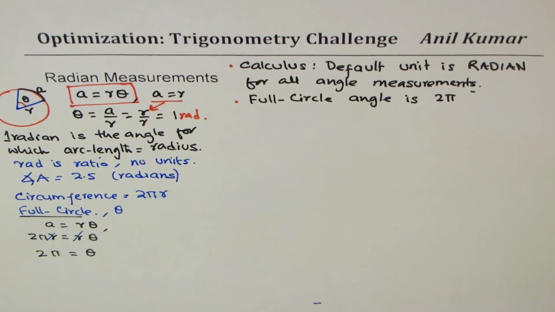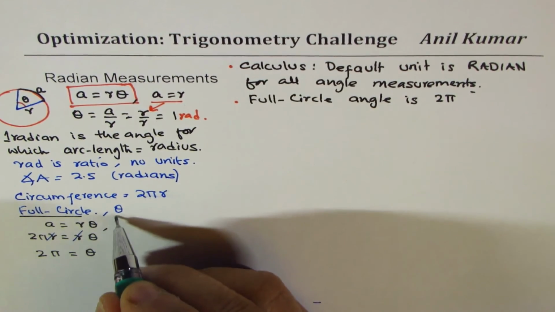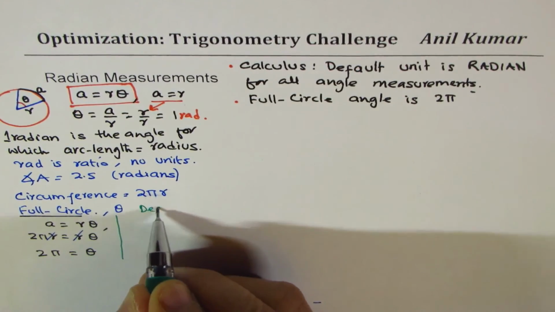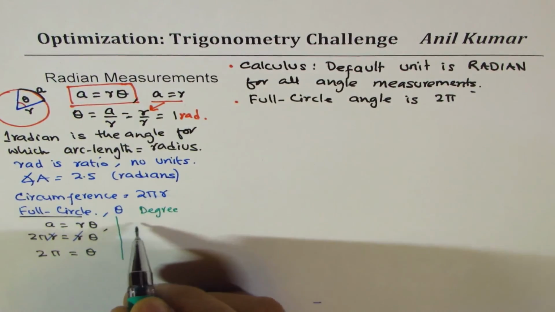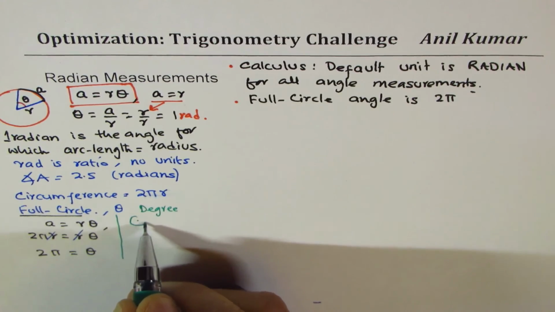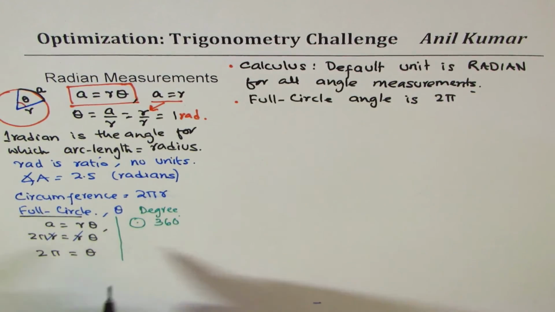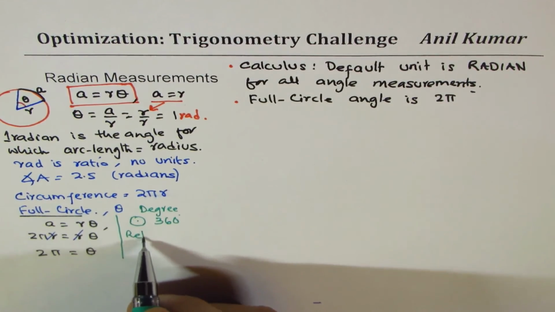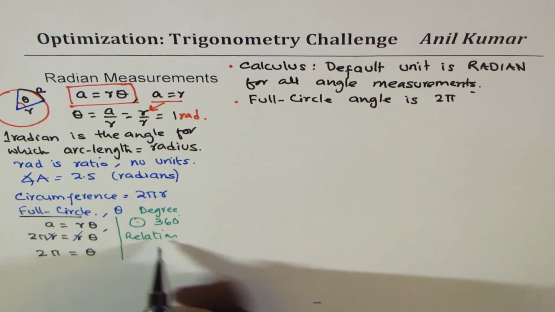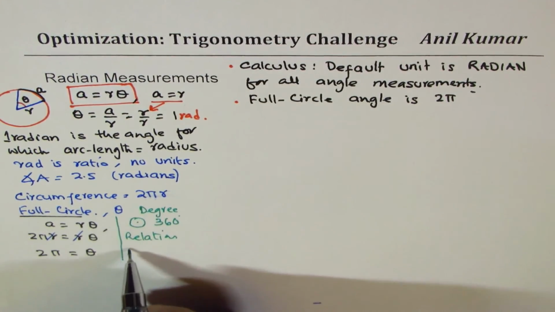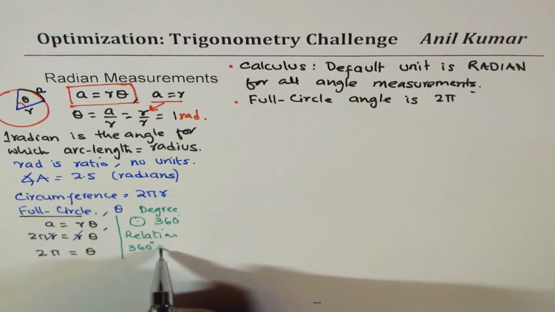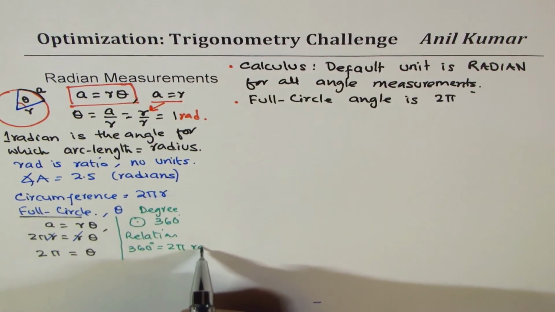Now, in case you are working in degrees, then what you learned is that the full circle is 360 degrees, correct? So the relation between degrees and radians is 360 degrees equals 2 pi radians, correct?